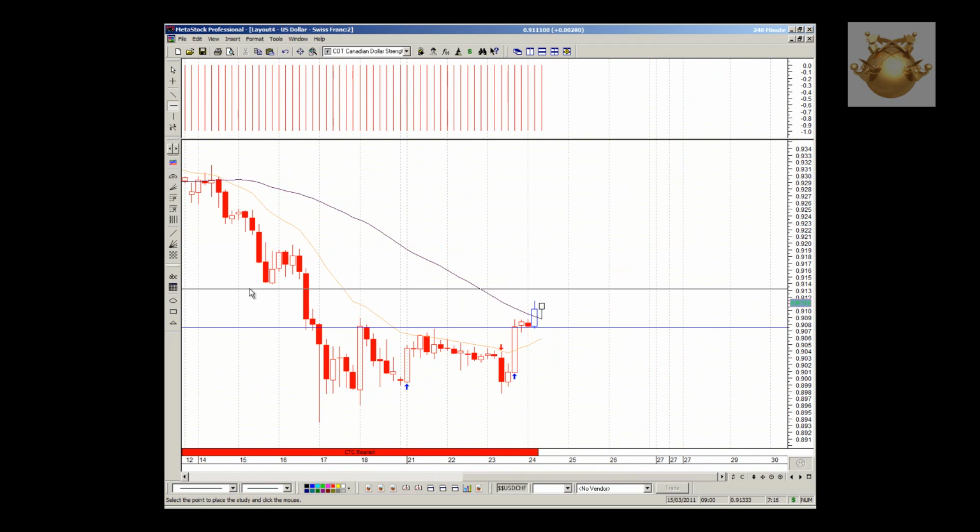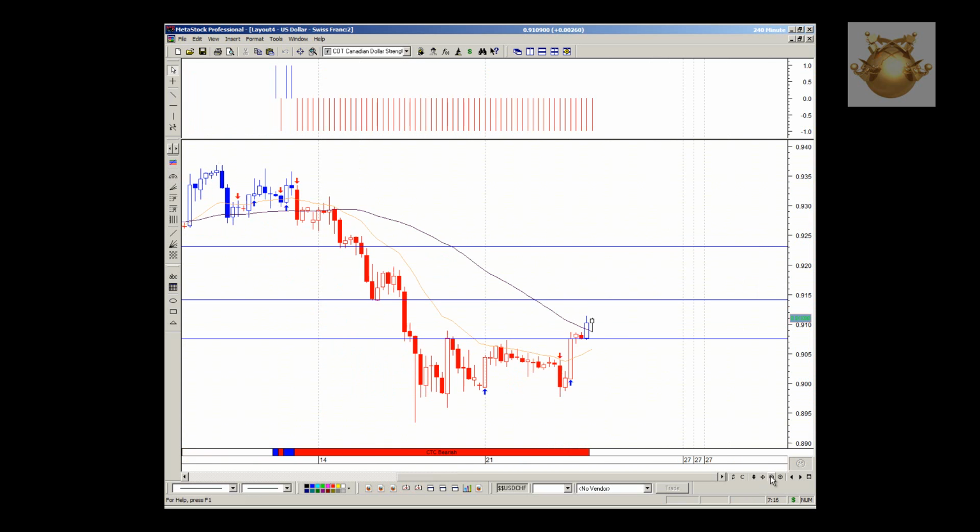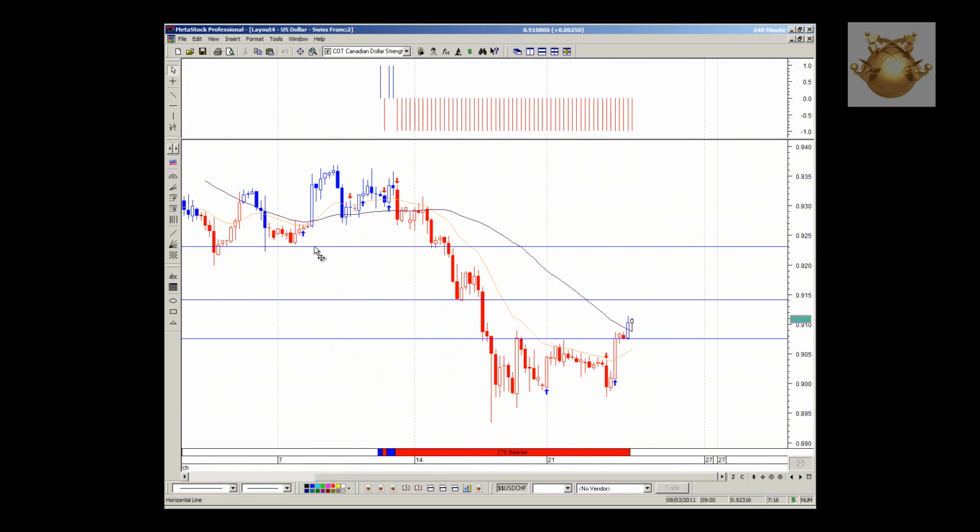Next protocol for this, as we speak, would be 0.914, previous support, and then break of that would see the previous support at 0.923, and then ultimately we have the breakout here at 0.930, and ultimately right up here at 0.9356.